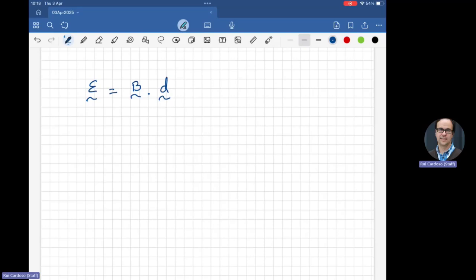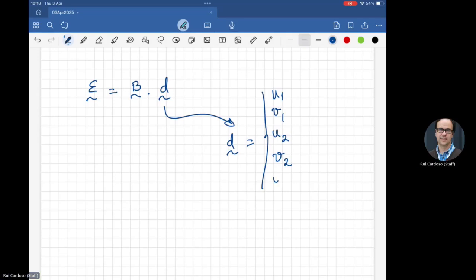These are the displacements. So D in case of our plane stress element is going to be our U1, V1, U2, V2, U3, V3, U4, V4.